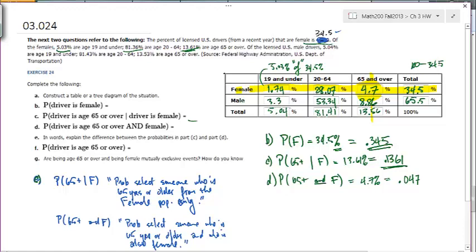The other thing to note is that there is a relationship between these two, and there's a formula that we have where the probability that somebody's 65 or over and female is equal to the probability that we select somebody who's 65 and over, given that they're female, times the probability that we select somebody who's female.